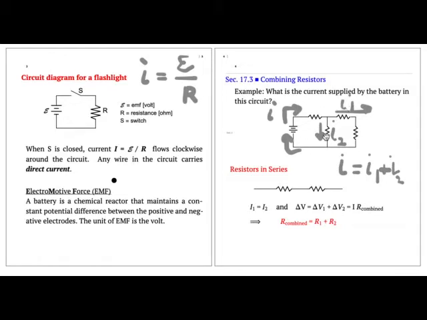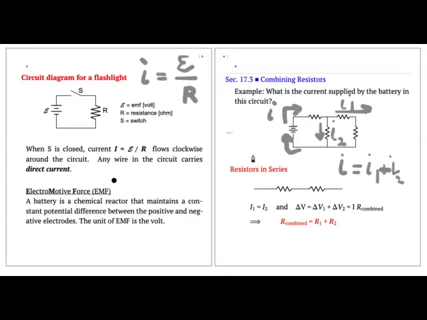Now these currents go through various resistors. So I goes through this resistance, I2 goes through this resistance, I1 goes through this resistance and this resistance. So you see, we have combinations of resistors.